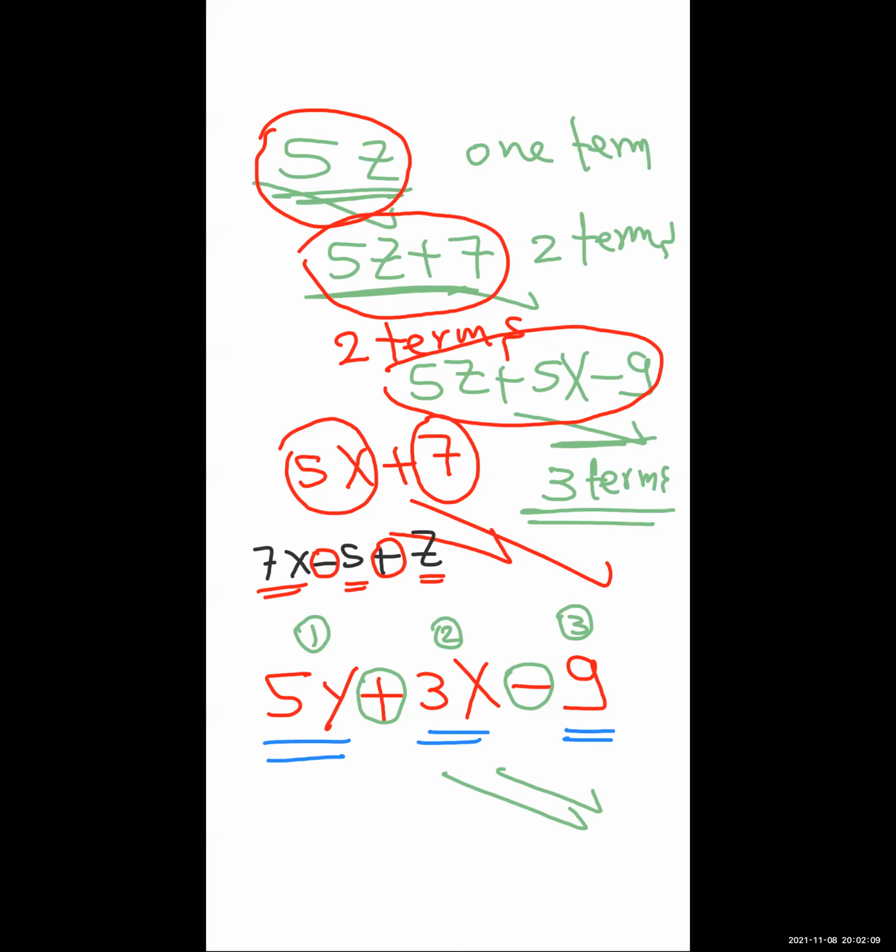Again, guys, if there's one term like 2x, we can consider that one as an algebraic expression. If it's two terms, 2x plus y, it's an algebraic expression. 2x plus y minus 7 is also an algebraic expression.